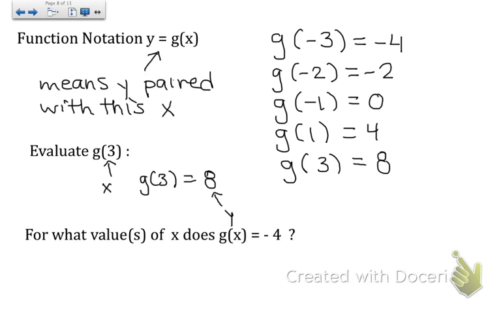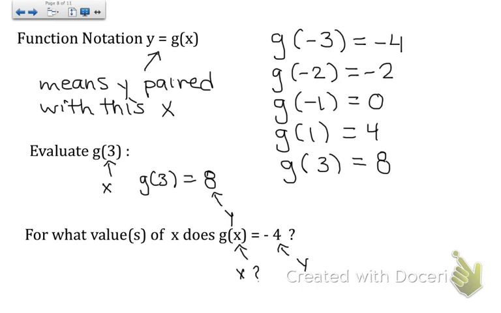Now the next question asks us for what value or values of x does g of x equal negative 4? So we don't know what our x is. That's what we're trying to figure out. What we do know is that our y value is negative 4.